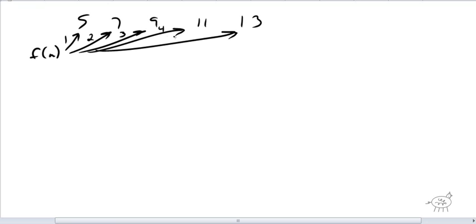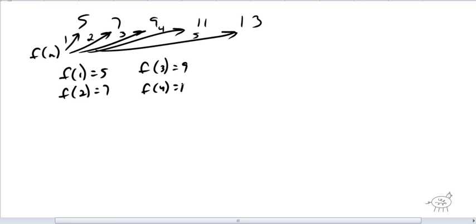When n is 4, it's 11. And when n is 5, it's 13. So I can think of those as like x, y coordinates, because when I say f of n, the n is your input, and the f of n is actually your output. So I can say f of 1 is 5, f of 2 is 7, f of 3 is 9, f of 4 is 11, and f of 5 is 13.